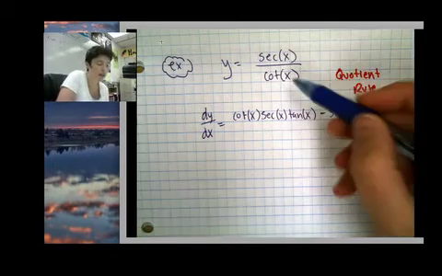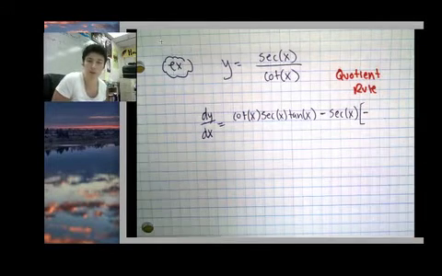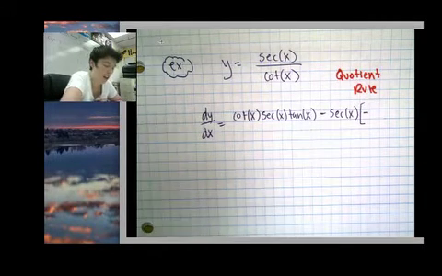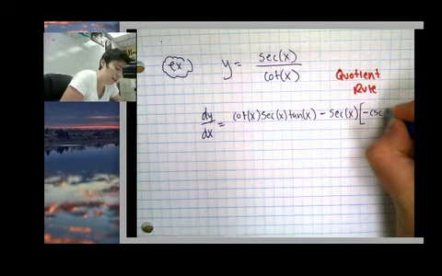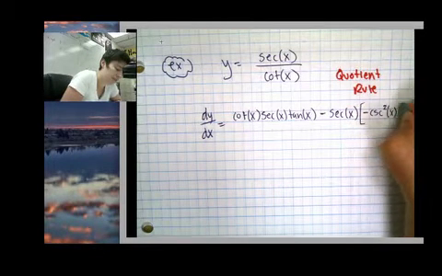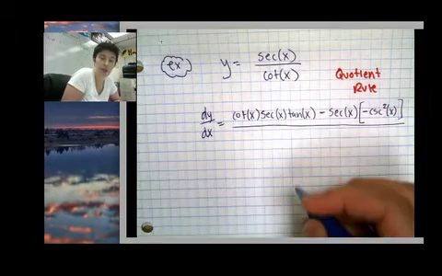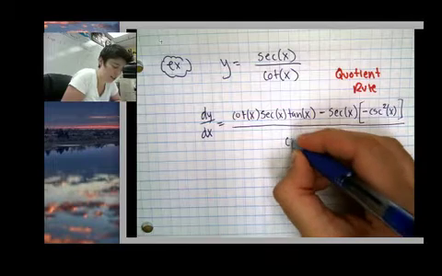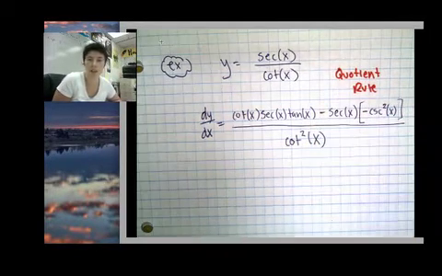The bottom is a cofunction, so we're going to have a negative derivative, so let's put a big parenthesis around this negative derivative. And the derivative of cotangent is cosecant squared of x. All over, look how nasty this one is, the bottom squared. So cotangent squared of x. That's how we write the bottom squared.